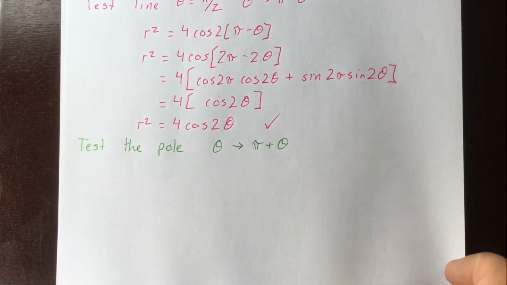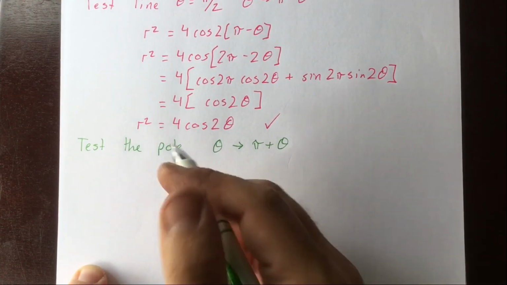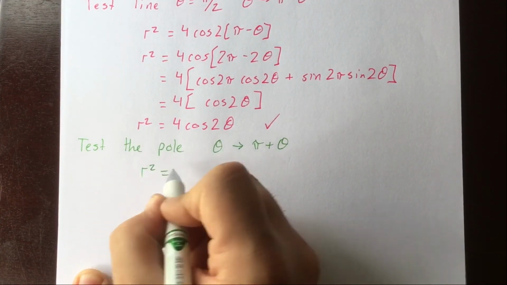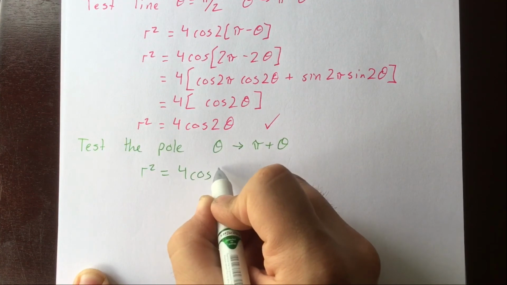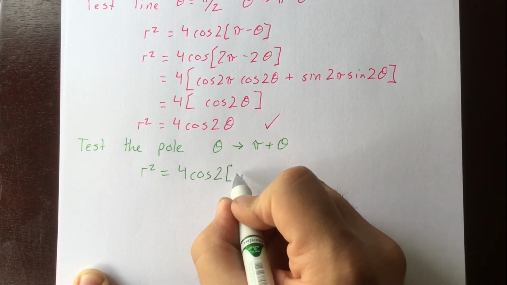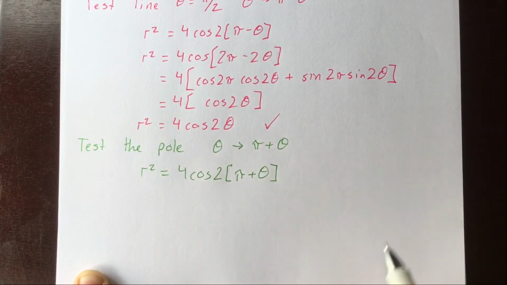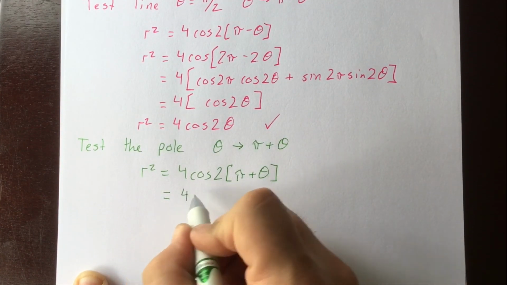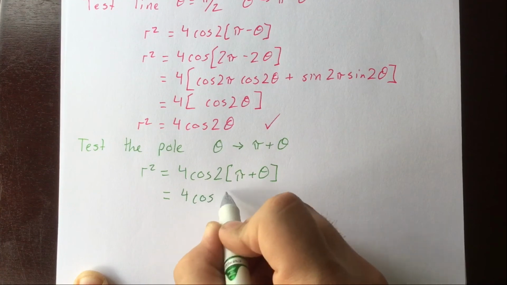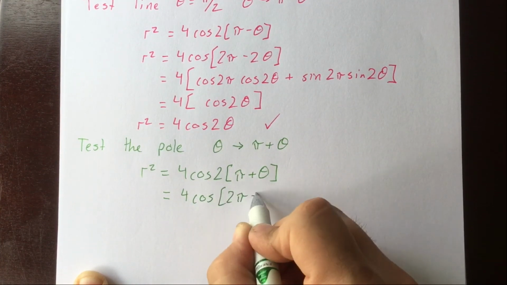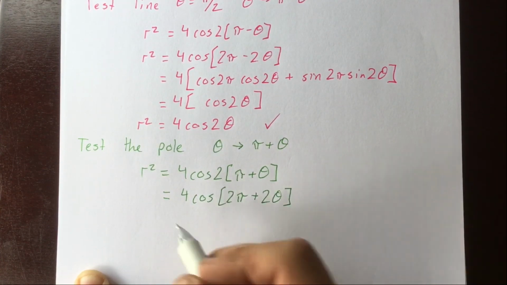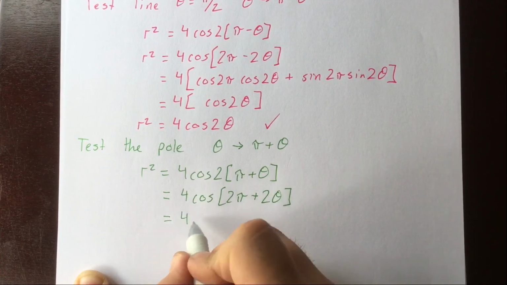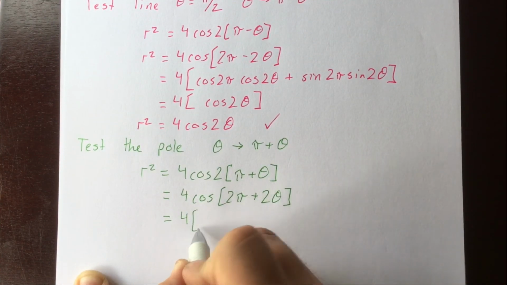So we have r squared equals 4 cosine of 2 times pi plus theta. Okay, giving us 4 cosine of 2 pi plus 2 theta. Sum identity, so 4 cosine, cosine, sine, sine.